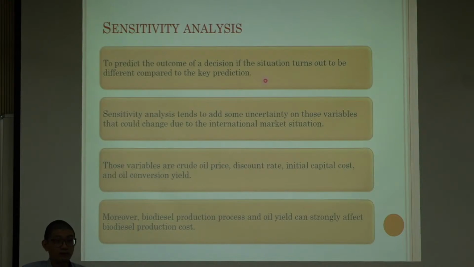So what if there is a certain percentage change in the crude oil price or the raw material price or other operating costs? What would be the impact on your total product price, for example? Then how much impact would it have on your total payback period? Will it prolong your payback period or shorten it?